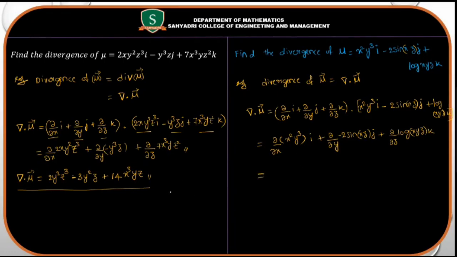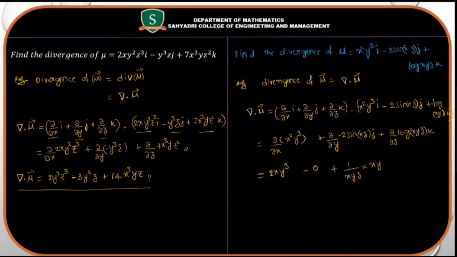Can anyone tell the answer? 2x y cube, minus 0, because here y is not a term, so we'll get 0, plus 1 by z. The k won't come; here also i, j, k won't come.